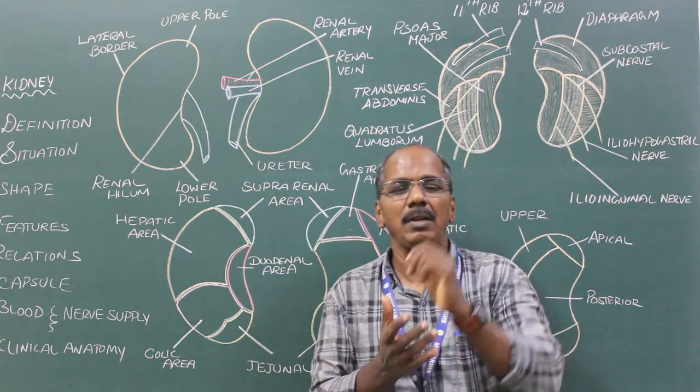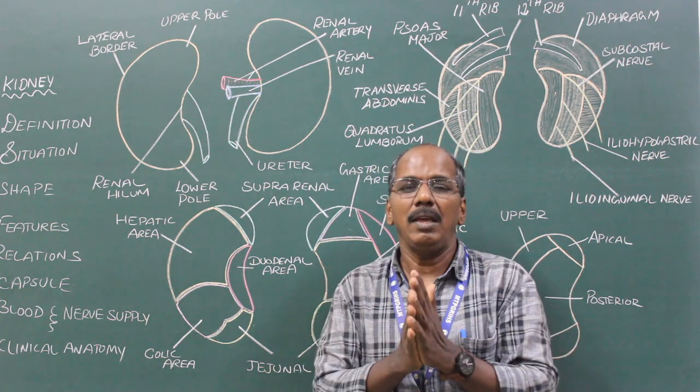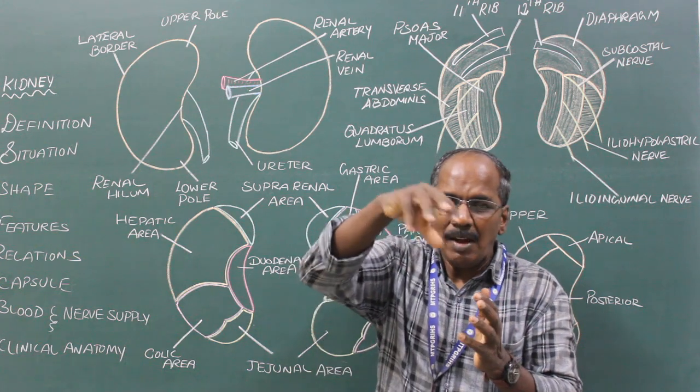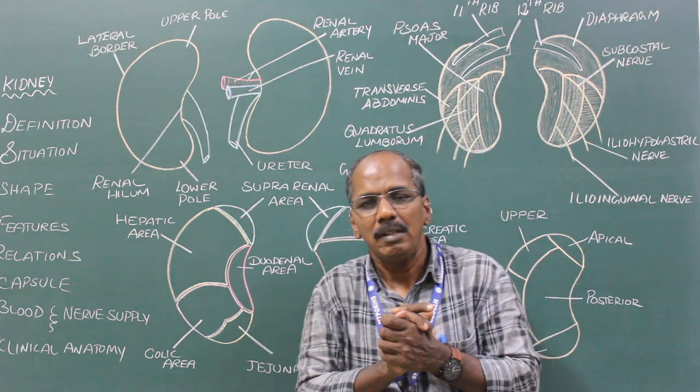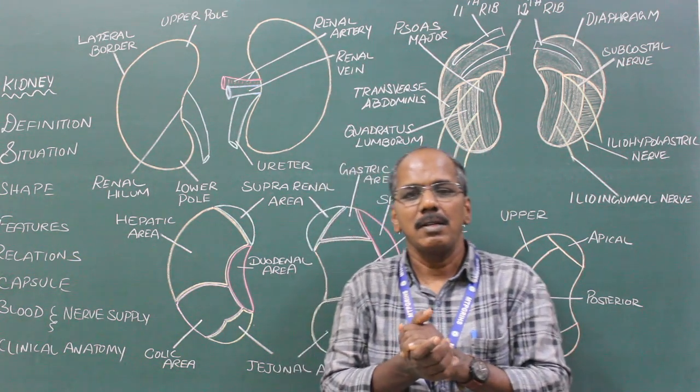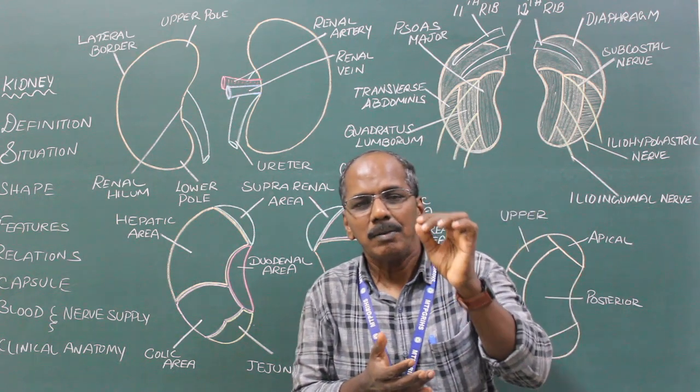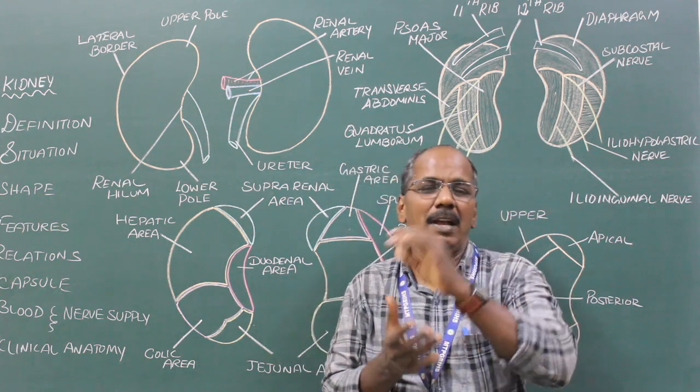So there are 2 layers. Between these 2 layers there is a pad of fat surrounding the kidney, and it is known as perirenal or perinephric pad of fat.